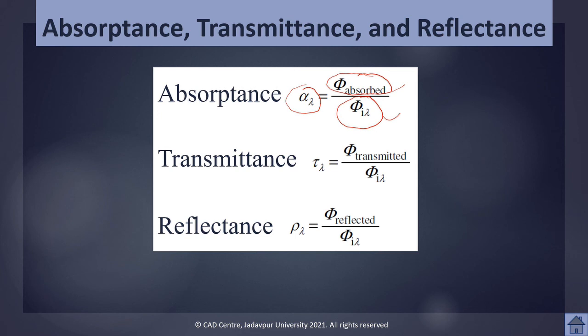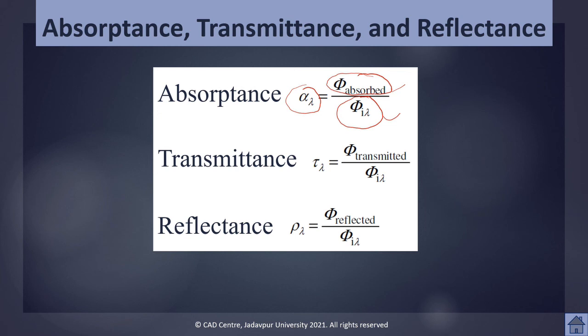These radiometric quantities are useful for producing general statements about the spectral reflectance, absorption and transmittance characteristics of terrain features.